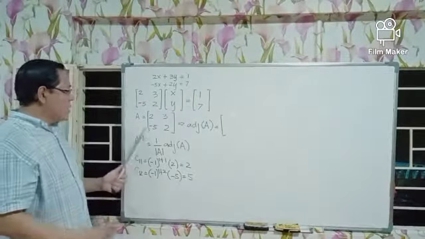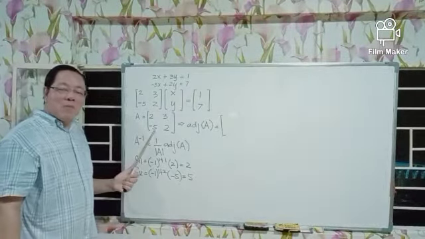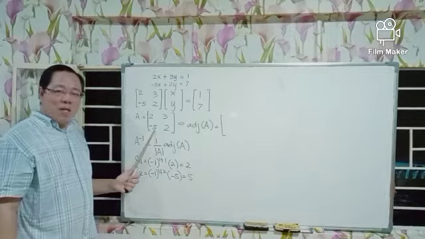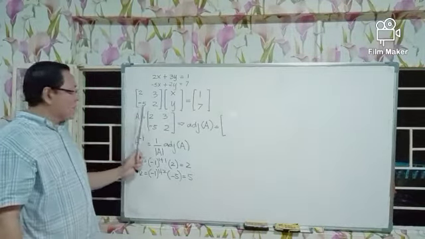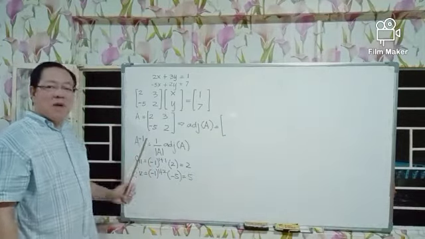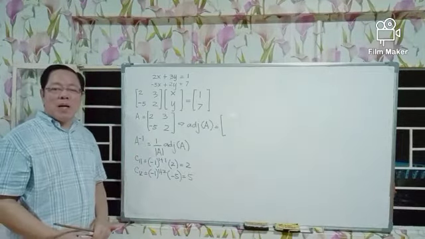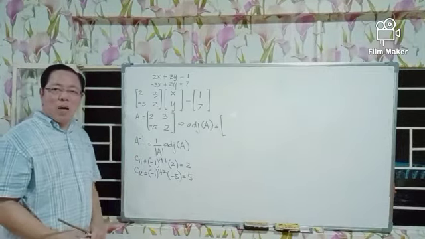Next, we get the cofactor of negative 5, denoted by C21, because negative 5 is in the second row and first column. So the cofactor of negative 5 is denoted by C sub 21.